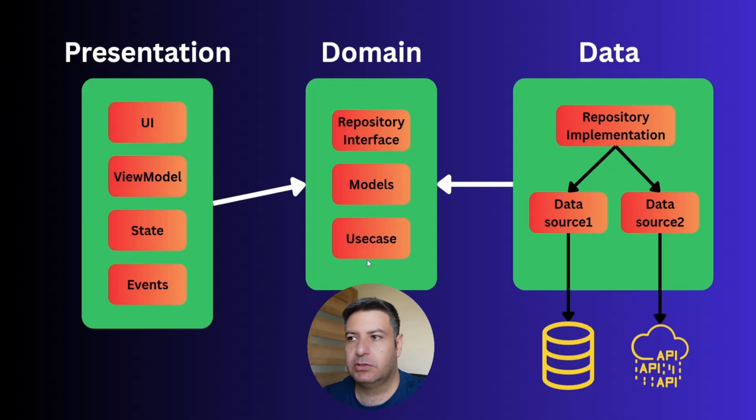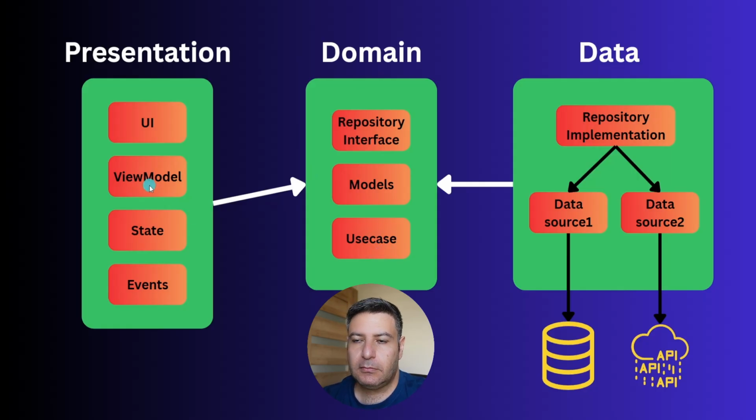In the previous video, I told you that each layer has a connection to the other layer, like domain to the presentation and domain to the data. So the connection between presentation layer and the domain layer was between the view model class and the use case class.